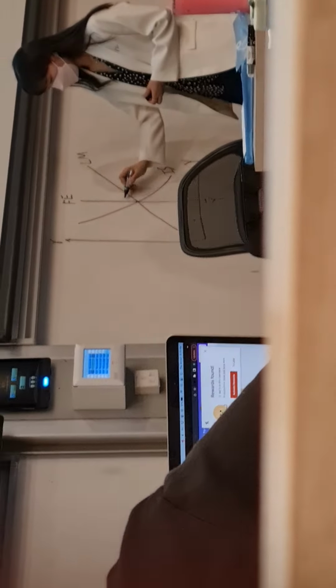You can see after the shock, the price level goes up, output declines, employment also declines, the real wage also declines, and consumption and investment decline because the income declines and the interest rate rises.